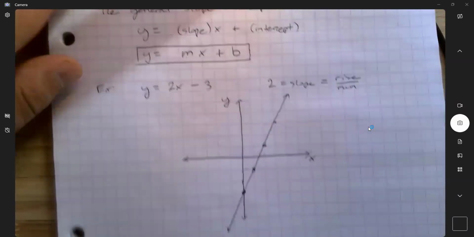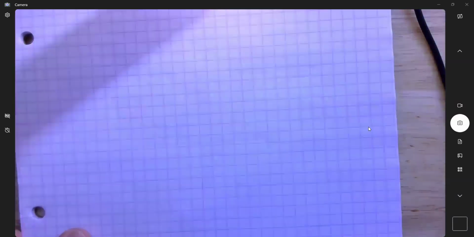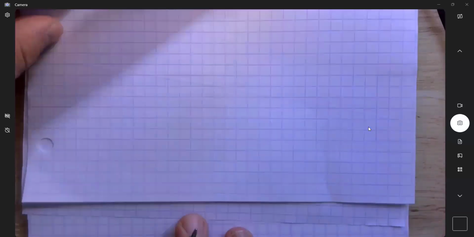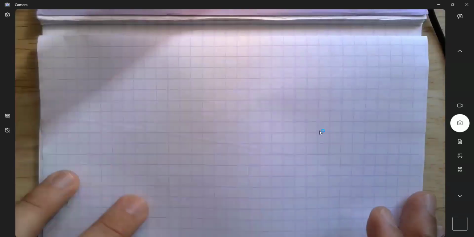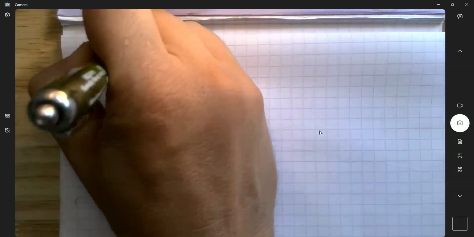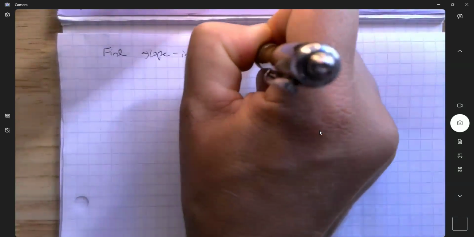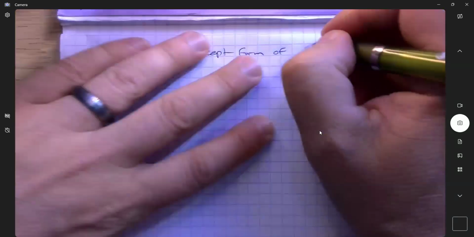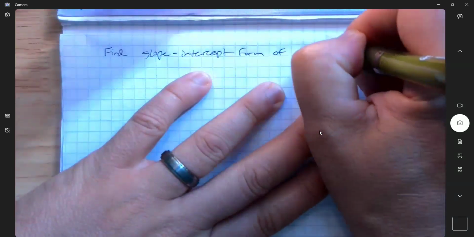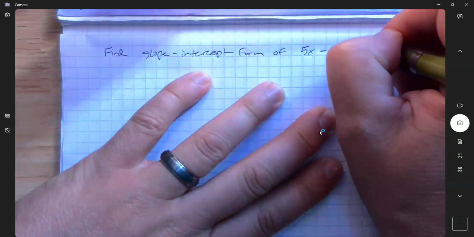Let's do another one just to practice. Find the slope-intercept form of 5x minus 3y equals 9.